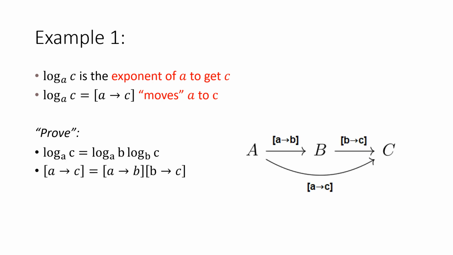Using the new notation, we see that to go from a to c is the same thing as going from a to b times moving from b to c. I think that makes a lot of intuitive sense, but this is not a proper proof as we haven't fully explained why there's a multiplication going on here. Of course, it could be an addition, and therefore we will explain this more properly later in the video.